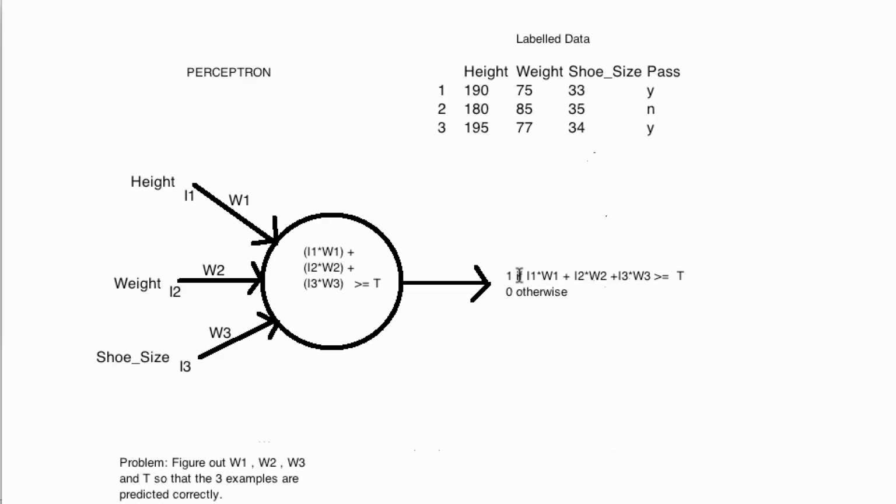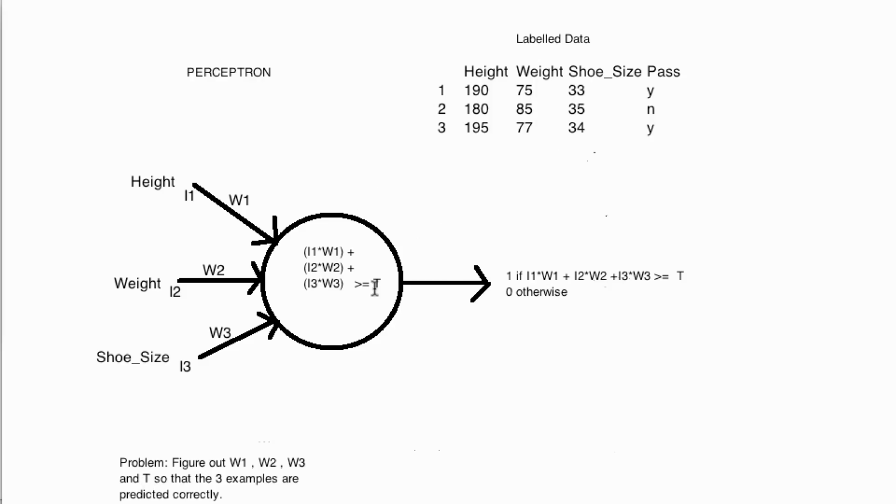If it predicts it correctly, then I don't do anything and I proceed to the second example, okay? If it doesn't predict it correctly, then I need to somehow adjust W1, W2, W3, and T, okay? And then I would move on to the second example.